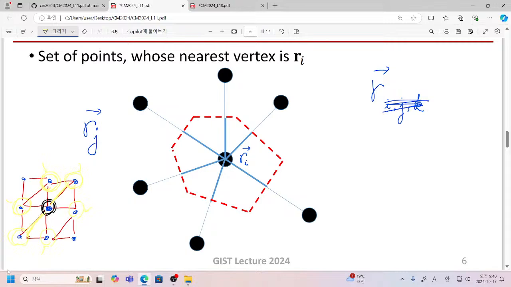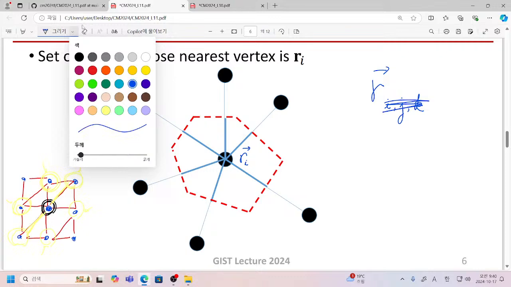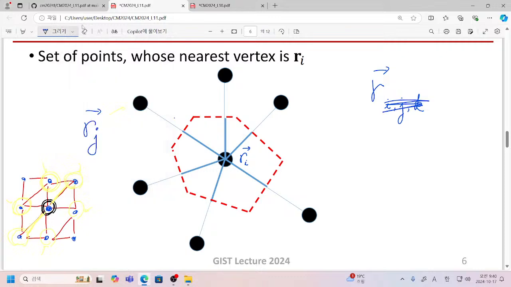Okay, so now you can think about 2 different quantities. What are the two different quantities? First, let's say that this happens to be a realization of r sub j. Of course we can define many different quantities, but practically we have 2 important quantities. One quantity is the distance between these 2 points.